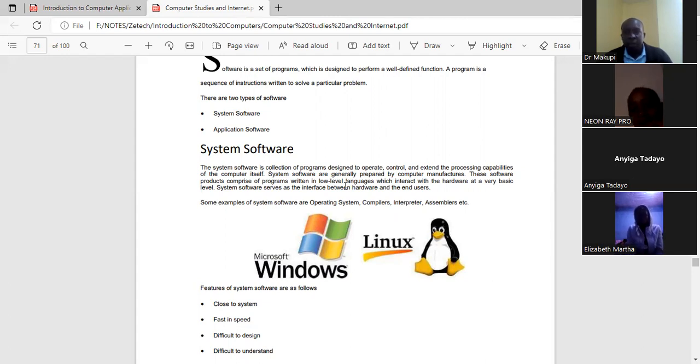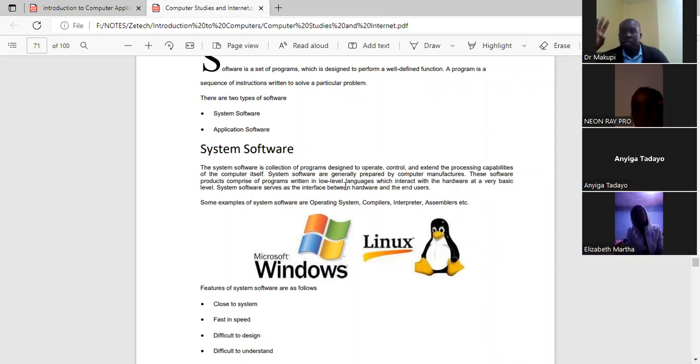Yes. So I was talking about system software. And I want to revisit the diagram from the last time. The diagram is you start from users, then applications, followed by system software, and then computer hardware.